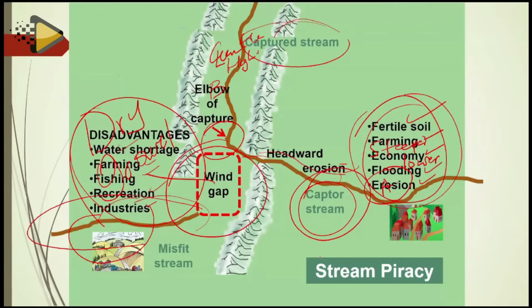Vertical erosion increases. There is a higher volume of water, like I said. But when you look at the stream that has lost water, that has been captured, there's going to be less volume of water. Because of less volume of water, there is less erosion and more deposition.